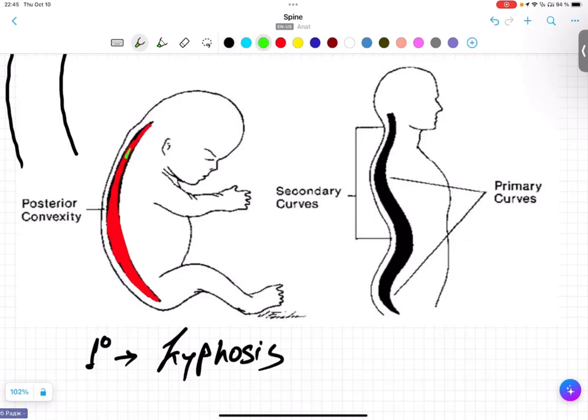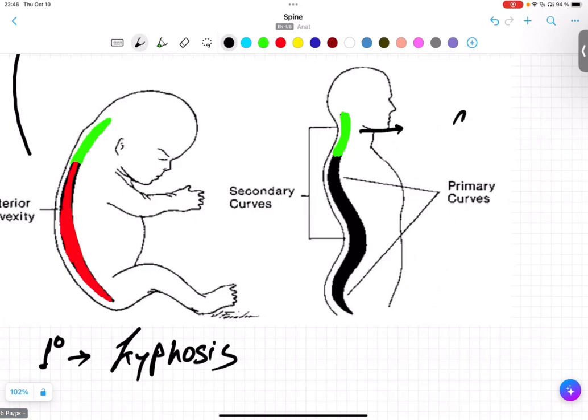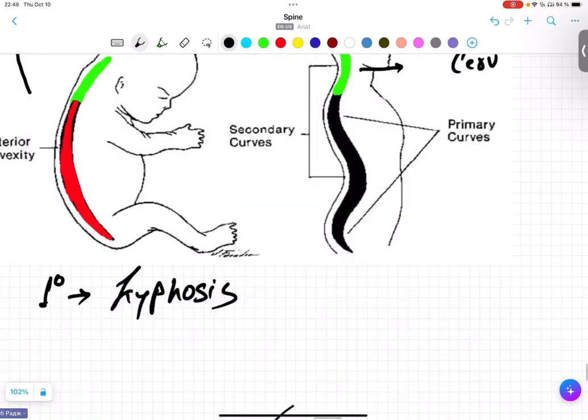Now, as the child starts to raise his neck, have you seen a child? When you come to his room, he will just lift up his head and start smirking at you. So that is the curvature of the cervical region. You can see here, this is the cervical vertebrae. So the curvature will be cervical, and what do we call the secondary curvature? Lordosis.